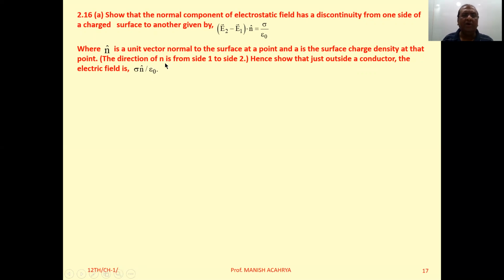The direction of n caret is from side 1 to side 2, so that just outside a conductor the electric field is sigma n caret upon epsilon 0. This we will discuss later on.